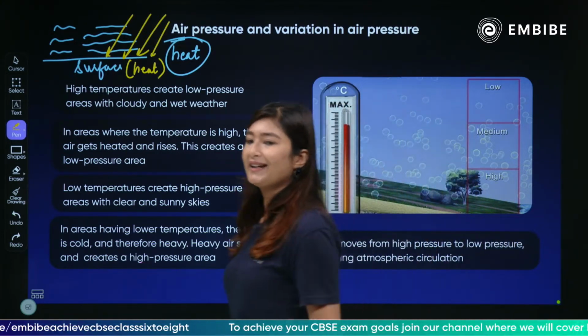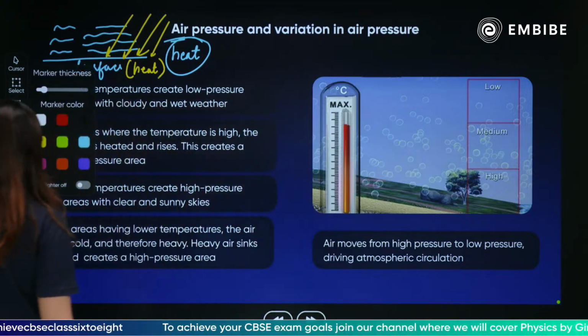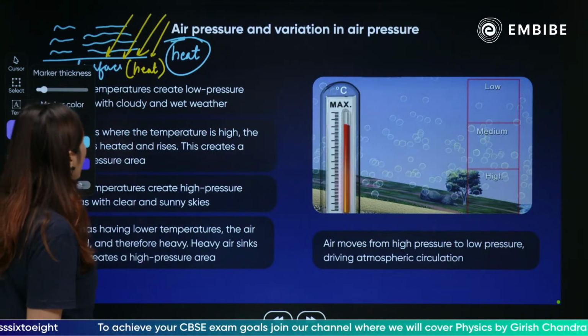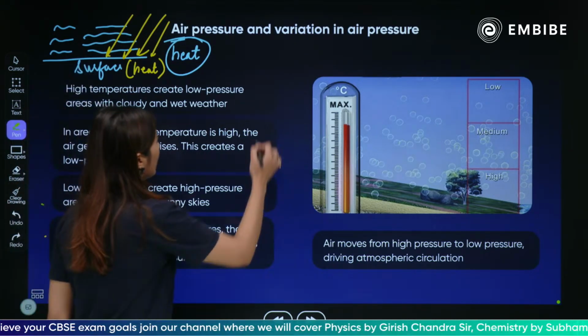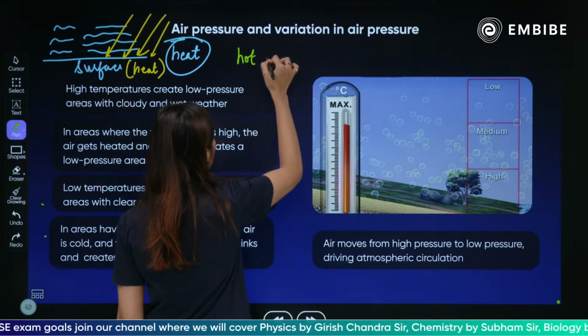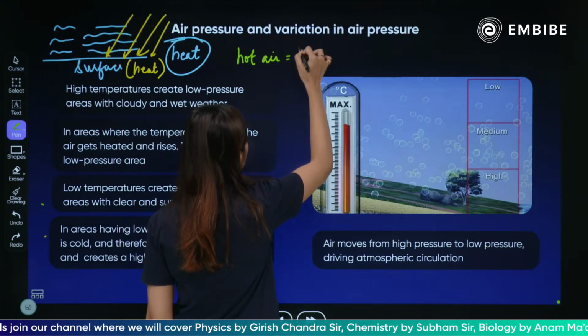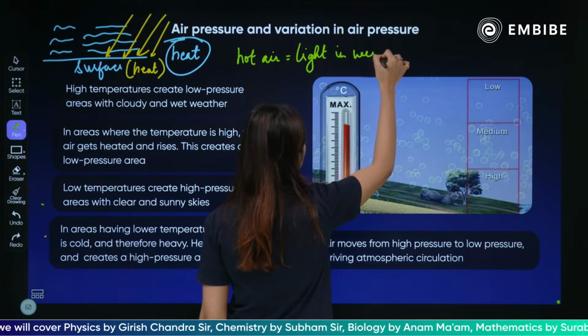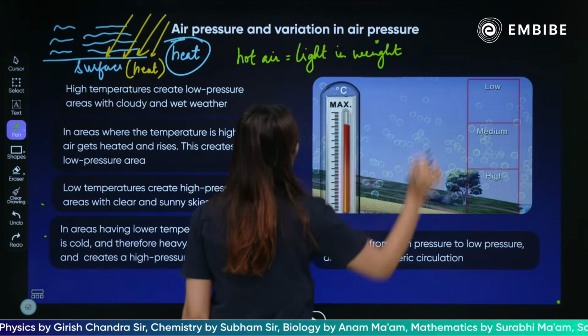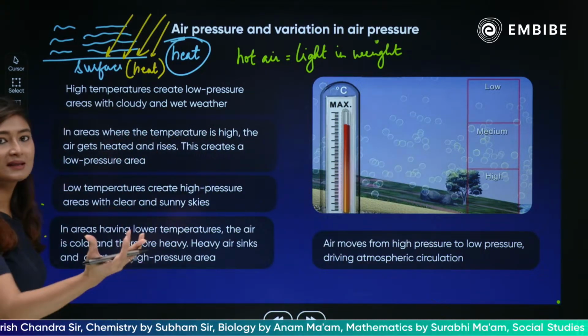Now air has a characteristic. What is that characteristic? Hot air gets very light. Hot air जो है ना उसका वजन बहुत कम होता है.